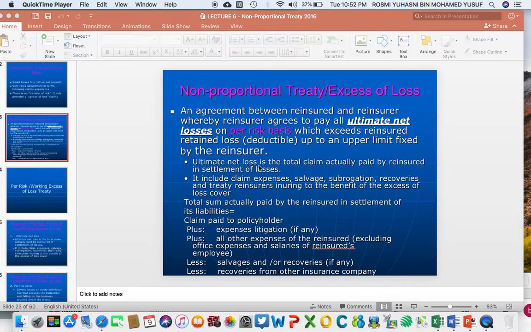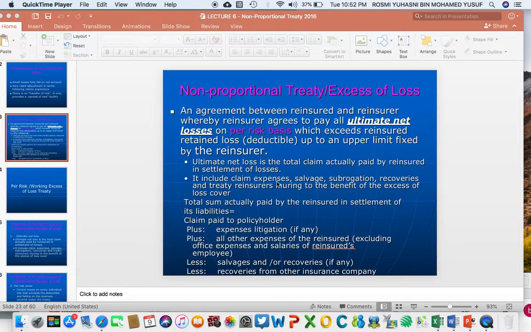For example, ultimate net loss is the total claim actually paid by the insurance company in the settlement of claims. And this total amount of claim includes costs such as claim expenses. Claim expenses are the expenses that the insurer incurs when they have to pay the loss adjuster, the loss assessor, and other investigators.